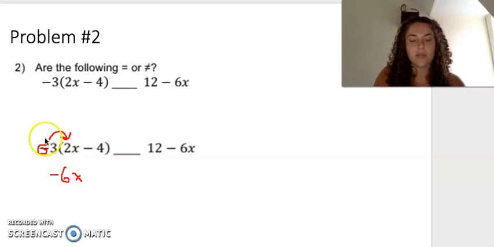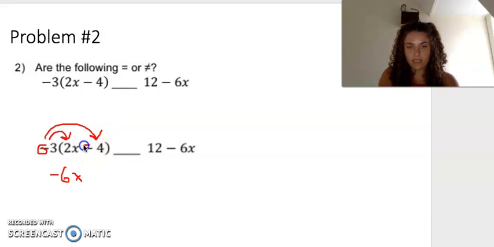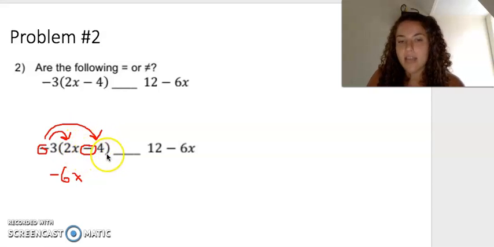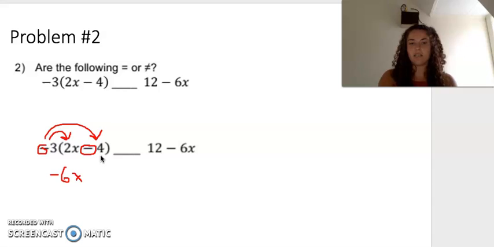And then we're going to multiply that negative 3 times 4. But also remember this subtraction sign, so we're going to think of this term as negative 4. So we're multiplying negative 3 times negative 4. 2 negatives equal a positive. So that's going to be plus 12.